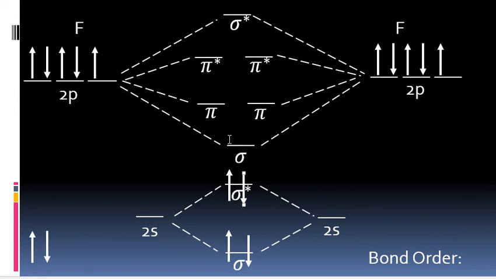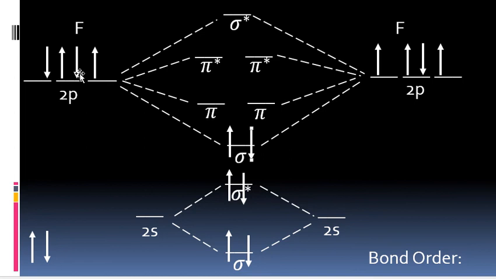Just like before, we're going to start filling up the bottom and then work our way up. So the sigma bonding orbital can take 2 electrons, and that's what we're going to do. Now, going one step up for these two individual pi molecular orbitals, think back to when we were filling up the 2p orbitals.